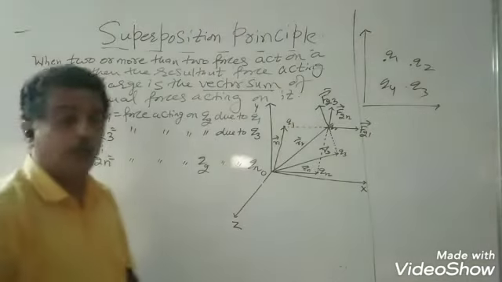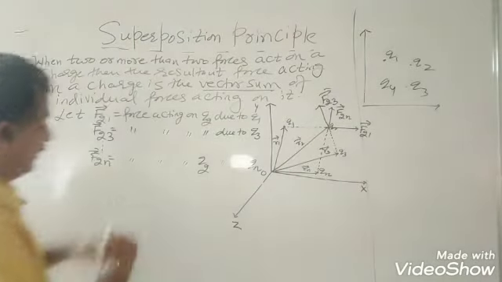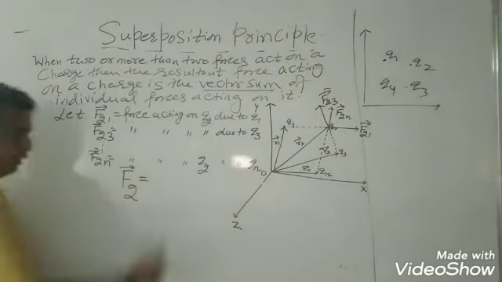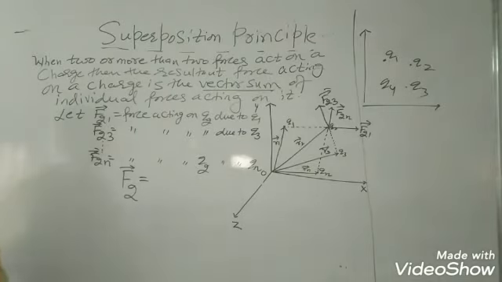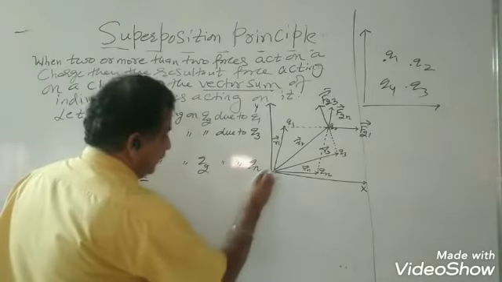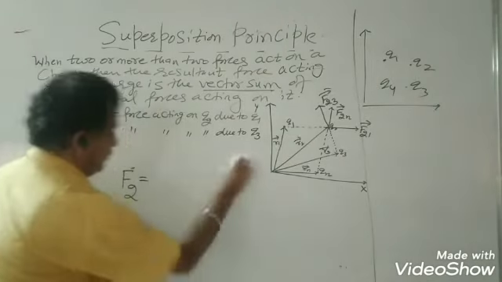Now we need to find the resultant force on 2. So I will write the equation for the force acting on 2. F2 will be read as the resultant force acting on the charge Q2. So let us see what the resultant force acting on this charge will be.